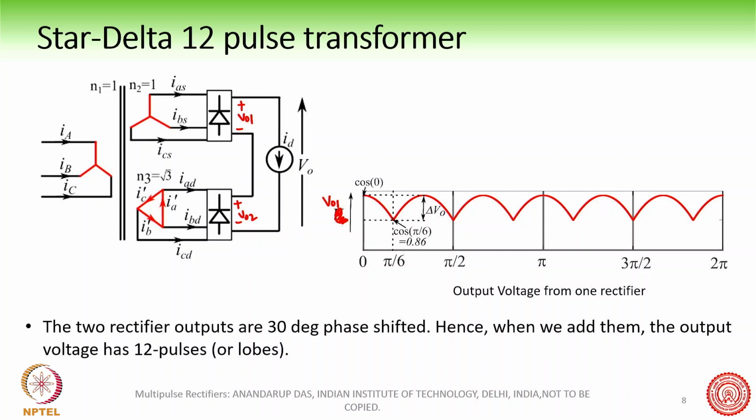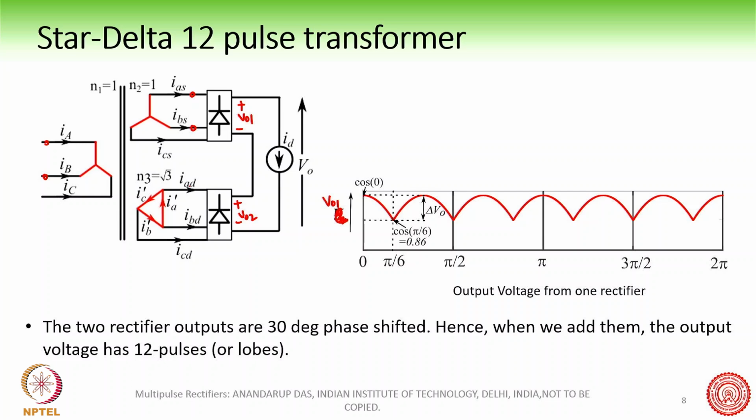Now what is the waveform of V02? Here you have to understand that the delta winding on one of the secondaries causes a phase shift between the line voltages. If we observe the line voltages on the primary side and the line voltages on the star secondary, then they are in phase.